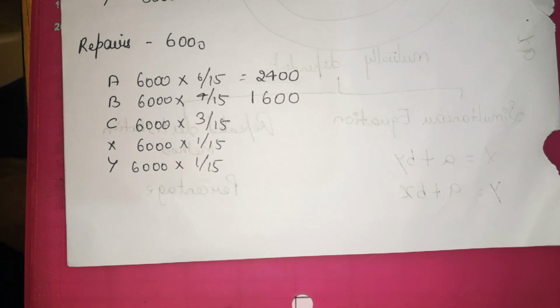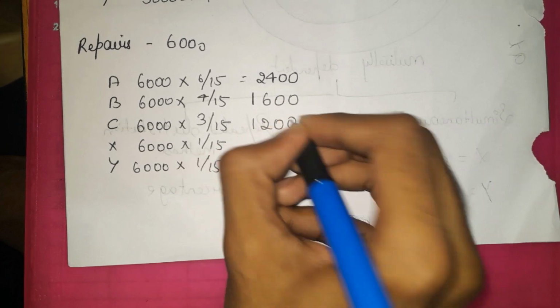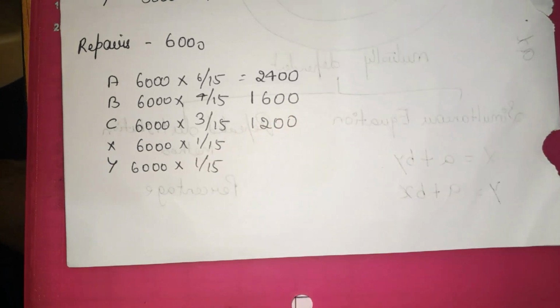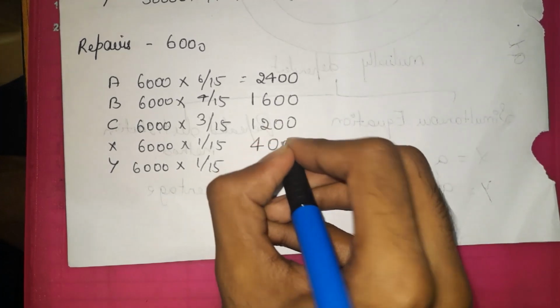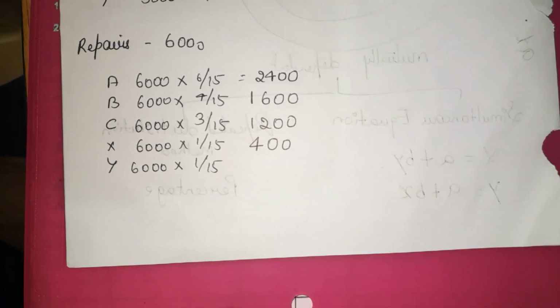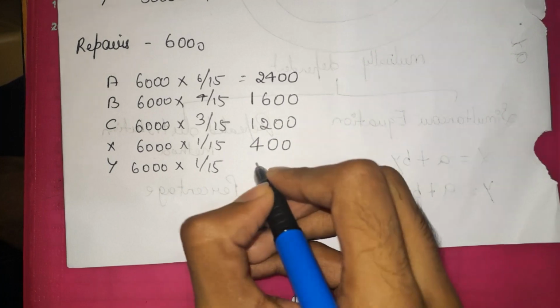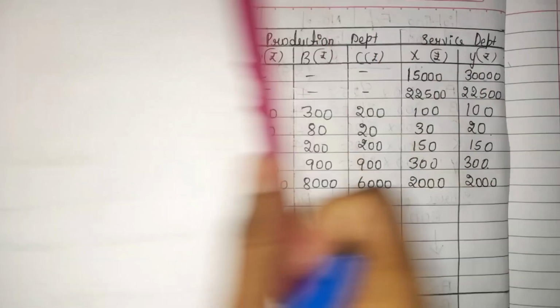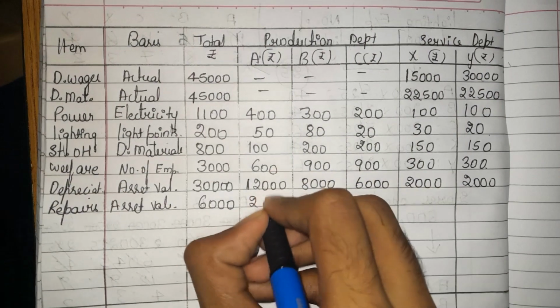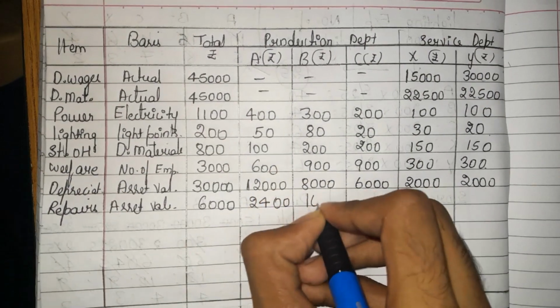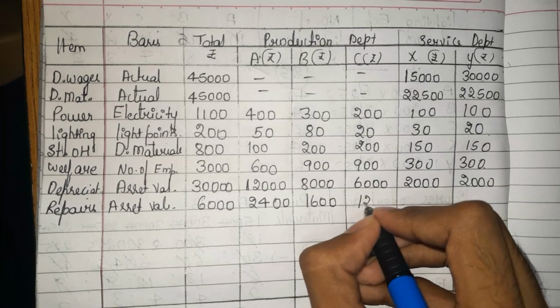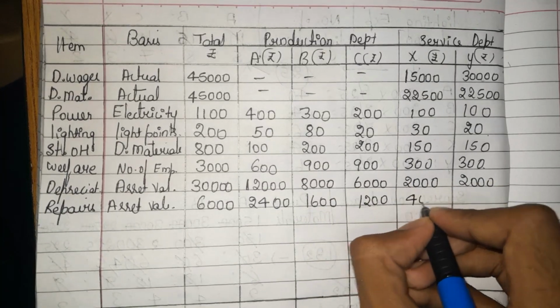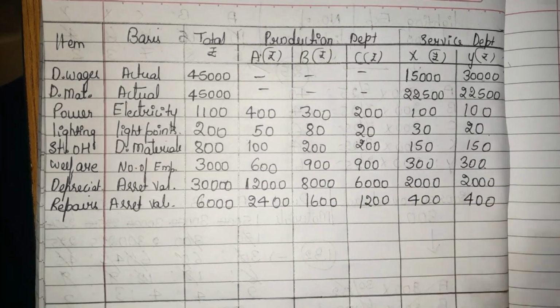C department, 6,000 into 3 divided by 15 is 1,200. 6,000 into 1 divided by 15 is 400 for X department, and the same 400 for Y department. The same amounts we write here: 2,400, 1,600, 1,200, 400 and 400.